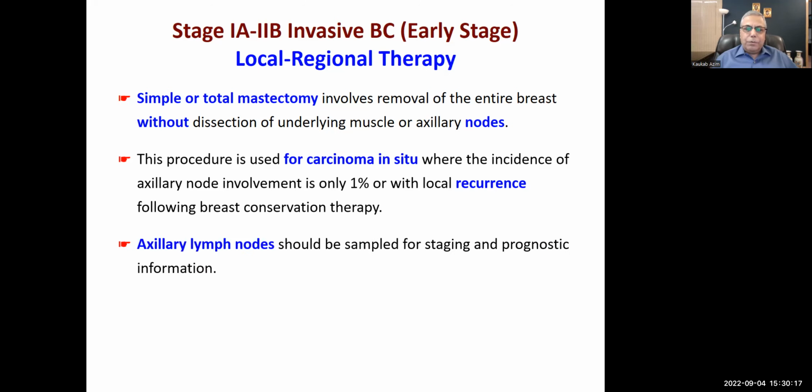Then axillary lymph nodes should be sampled for staging and prognostic information. Now, when the surgeon is performing surgery, he wants to know whether he should remove the lymph nodes or not. And in some cases, he does not know which lymph nodes should be removed. What we do is we inject something into the actual tumor tissue that could be traced, like a radioactive material.